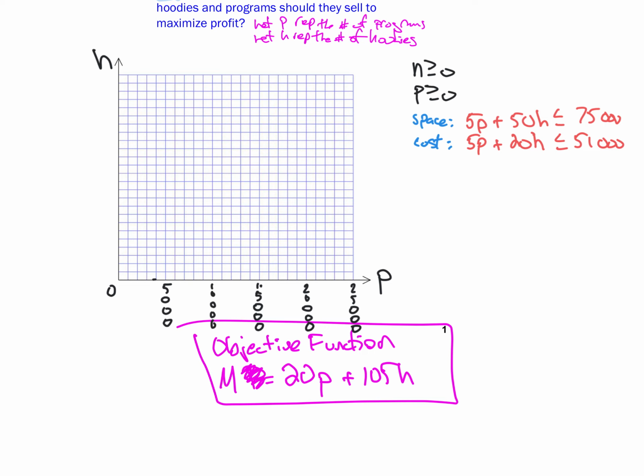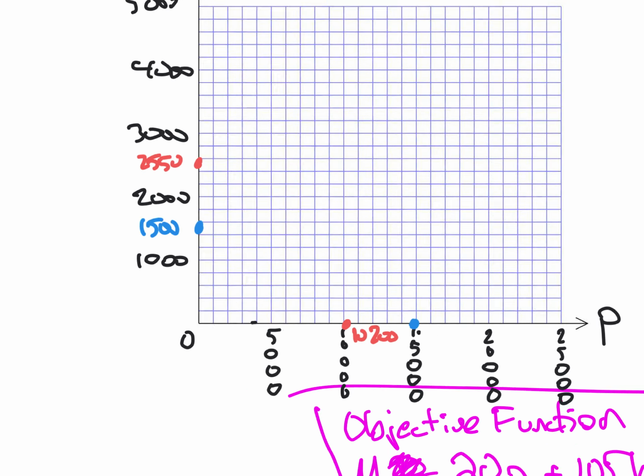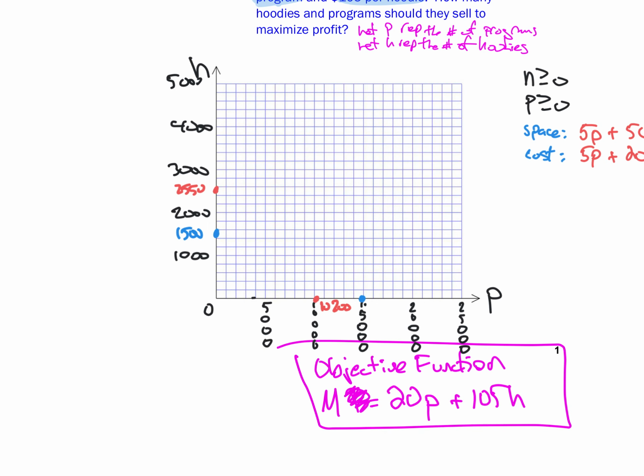So the max that we're going to get to up here is 5,000. That's 1,000, 2,000, 3,000, 4,000. Okay. All right. Now that we got that, we can go ahead and graph these lines.